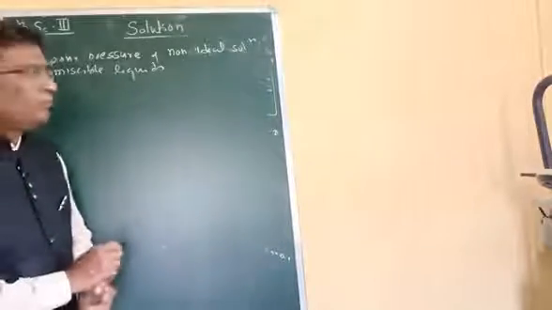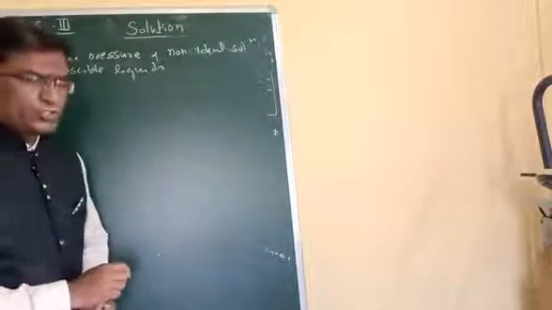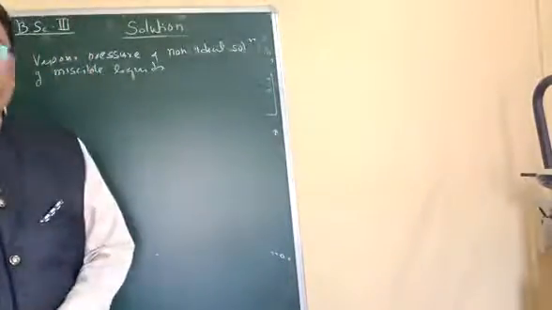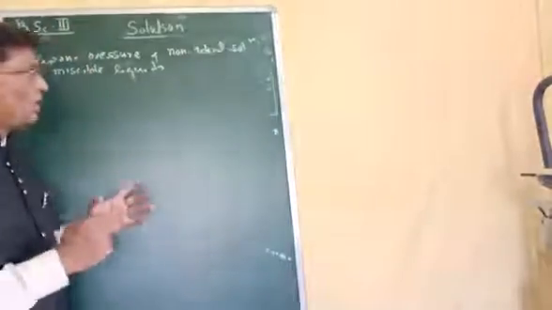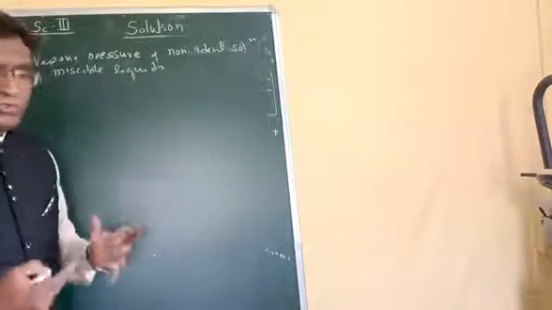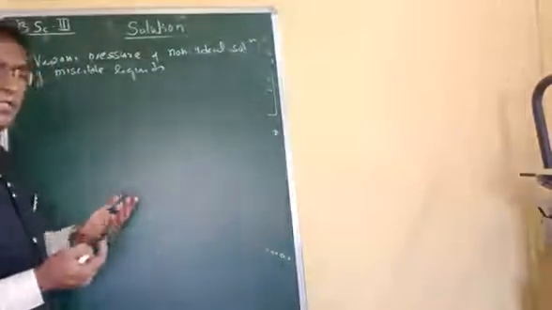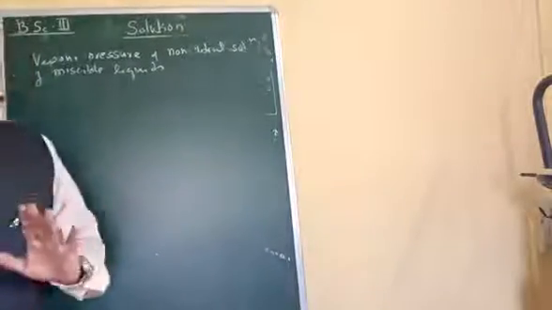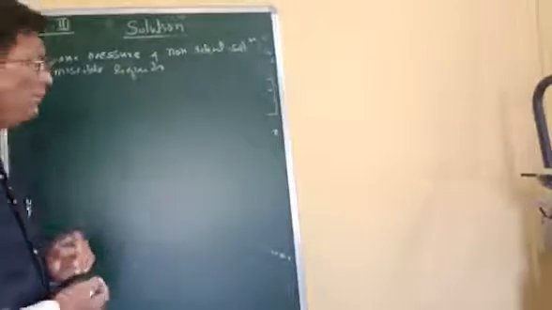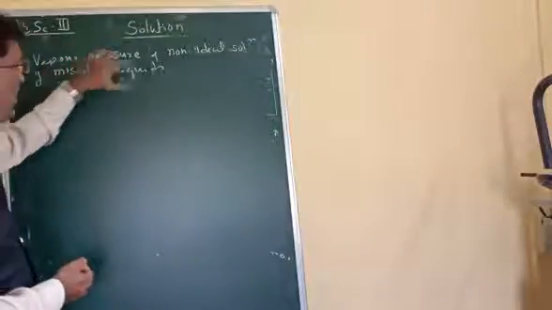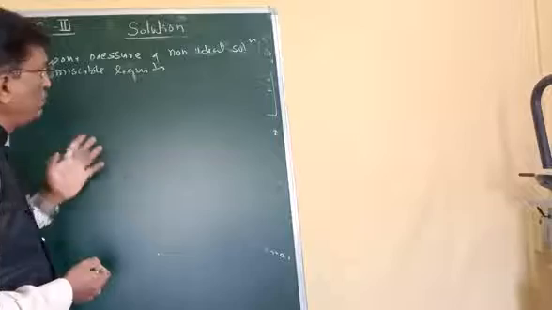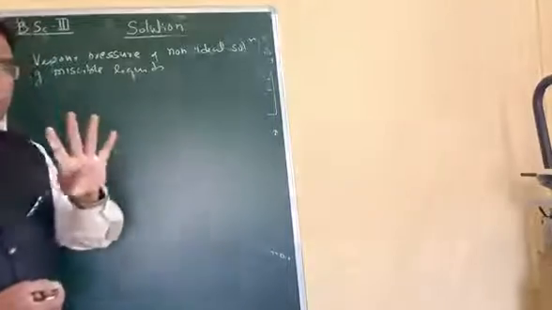As we know, solutions which do not obey Raoult's law at all temperature and concentration conditions are called non-ideal solutions. That means they deviate from ideal behavior. And therefore, according to the nature of deviation, non-ideal solutions are classified into three types.